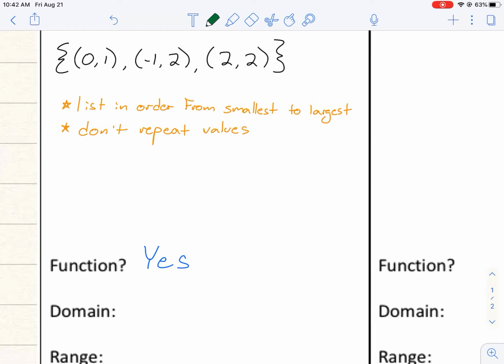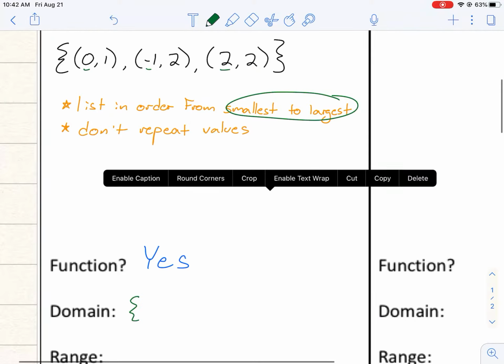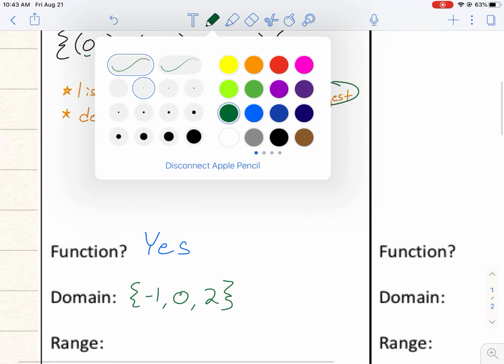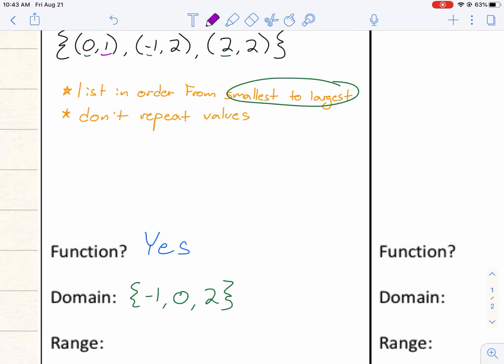So domain, I want to look at my x values. So I've got 0, -1, and 2 here. List them in order from smallest to largest. So my domain is -1, 0, and 2. My range is all of your y values.